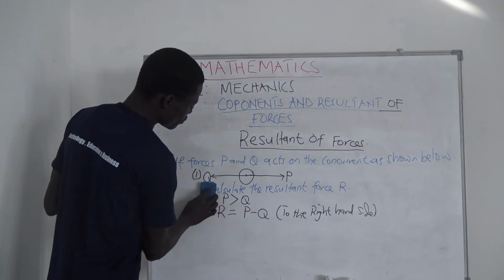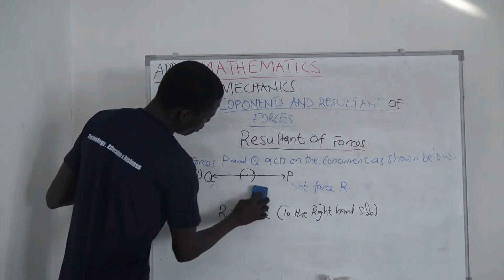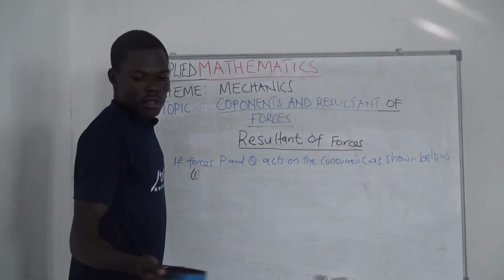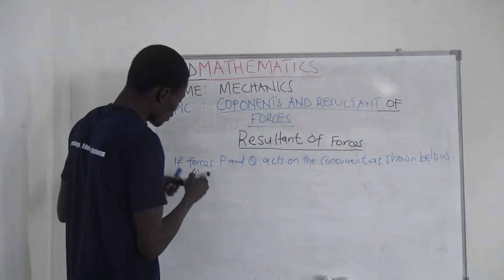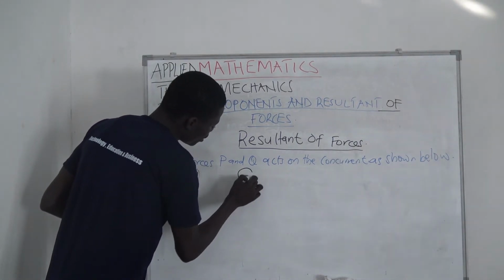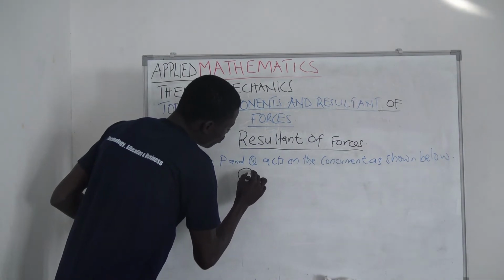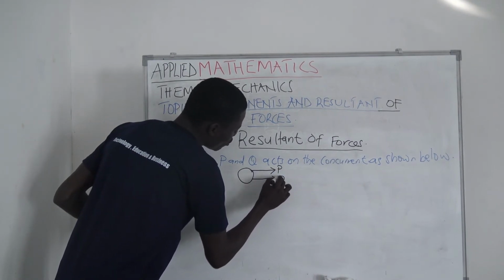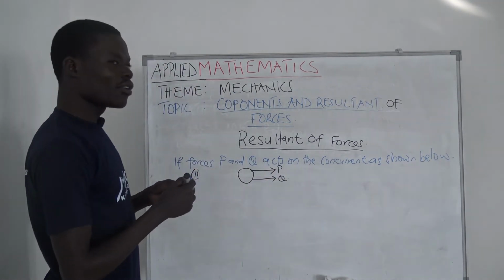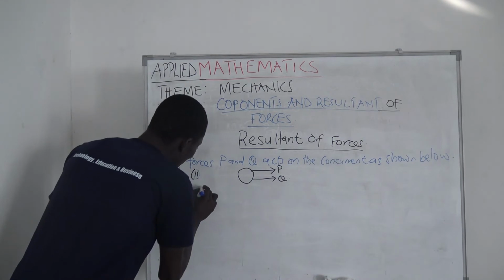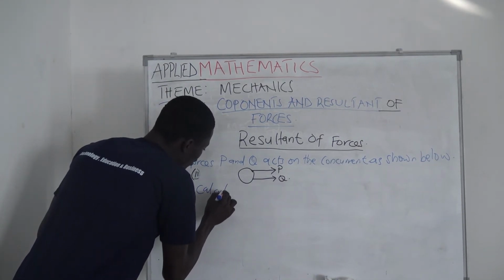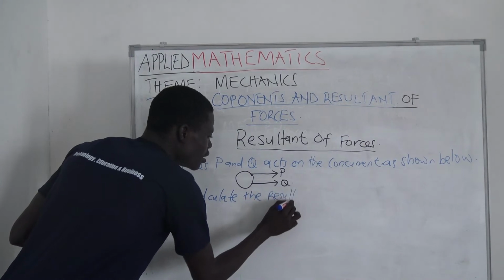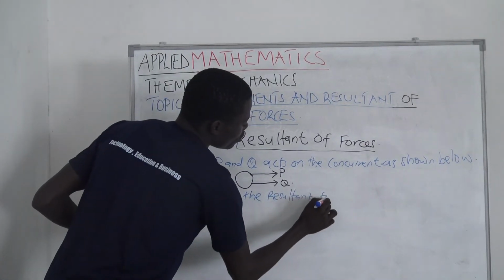Roman 2: if this body is being acted upon by two forces, P and Q, in the same direction, the question is still the same: calculate the resultant force.